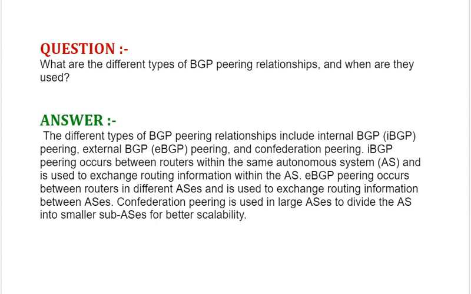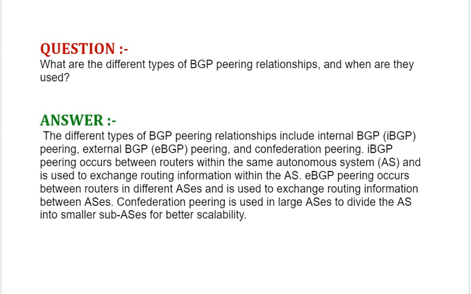Your answer should be: the different types of BGP peering relationships include internal BGP, iBGP peering, external BGP, eBGP peering, and confederation peering. iBGP peering occurs between routers within the same autonomous system (AS) and is used to exchange routing information within the AS. eBGP peering occurs between routers in different ASs and is used to exchange routing information between ASs.